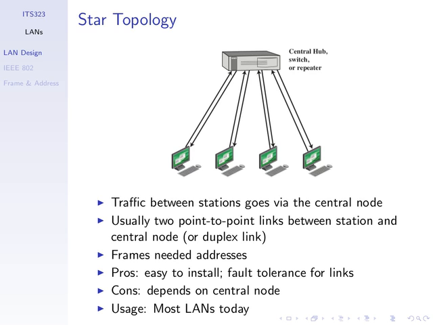Easy to install. We just need one link from every computer into this central device. And it's what's used in most LANs today. Our SIT network, every computer, we see we have a cable, one network interface card. This cable actually plugs into a socket, goes up through the ceiling cavities and down to the 3rd floor.